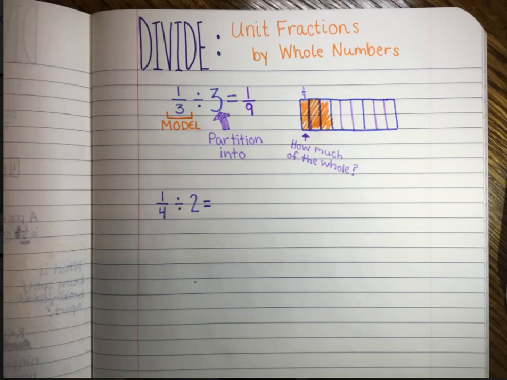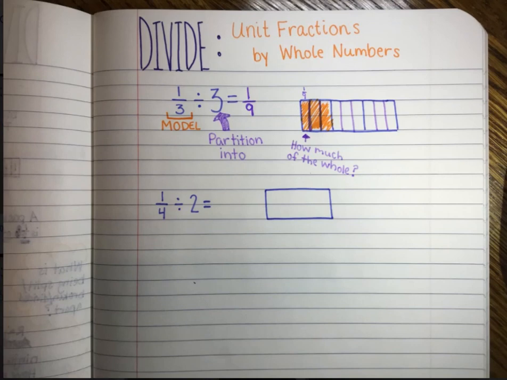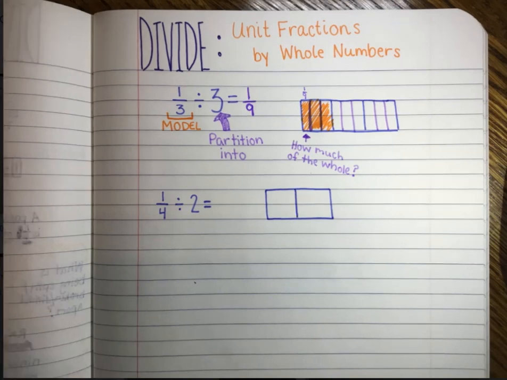All right, so if we take a look, I'm starting with my whole and I'm breaking it into fourths. And then I am having 1/4. Now that 1/4 we have partitioned into 2 smaller pieces, and to do that, we would split that in half. We're looking to see how much one of those pieces is of the whole.